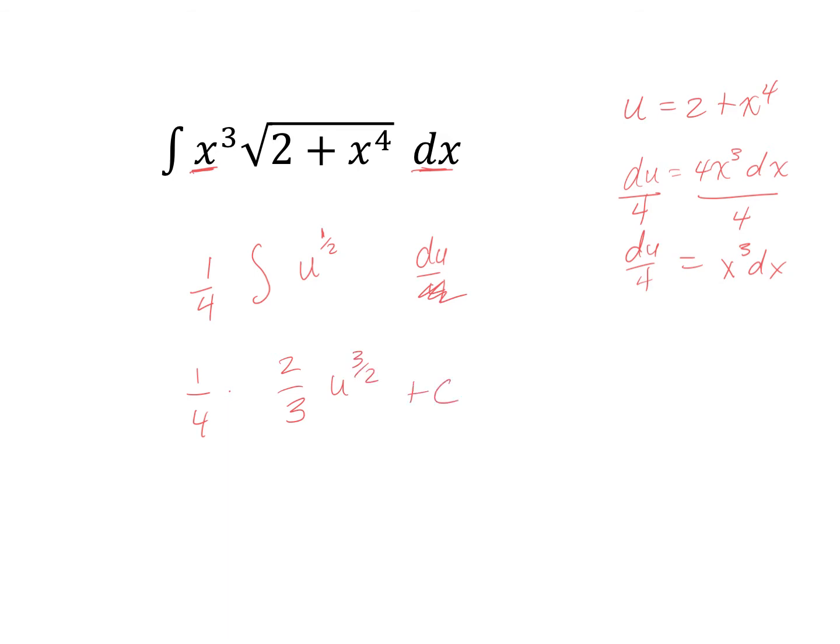And then we can simplify this to 1/6. And I'm going to replace that u back with the 2 plus x to the 4th, to the 3/2 power. So that 1/4 times 2/3, that's where that 1/6 came from. And then I just put the u back in.